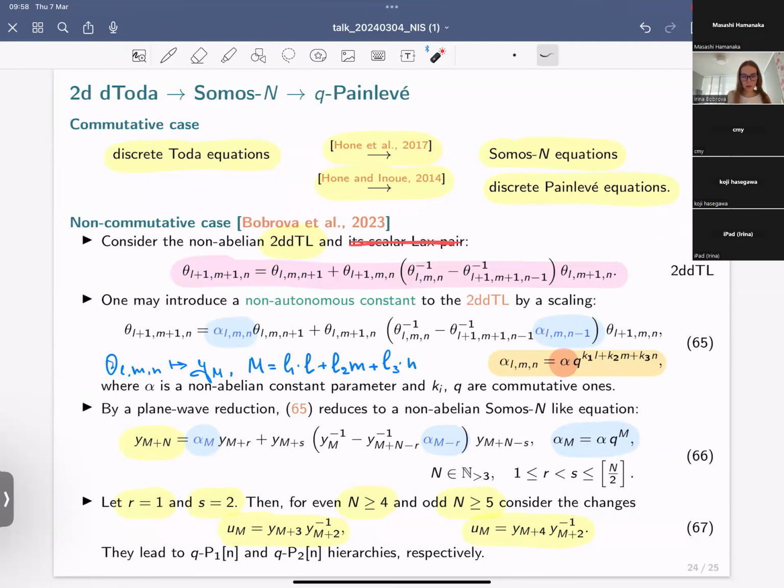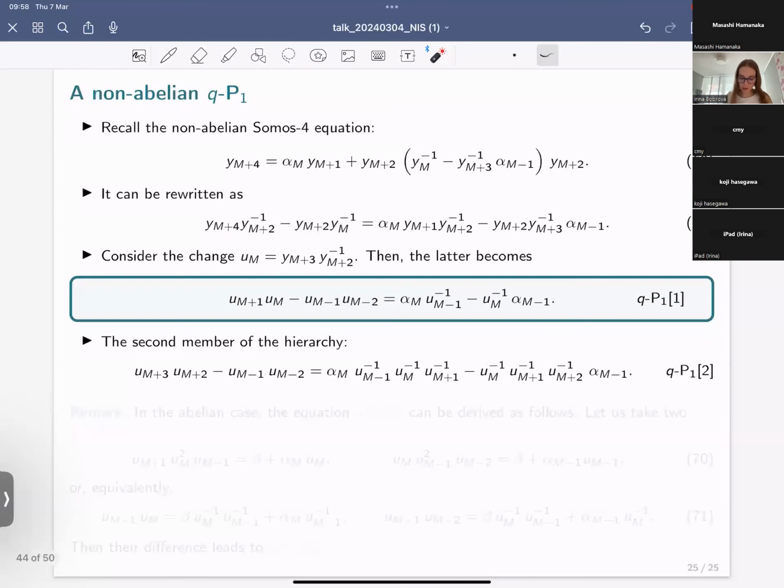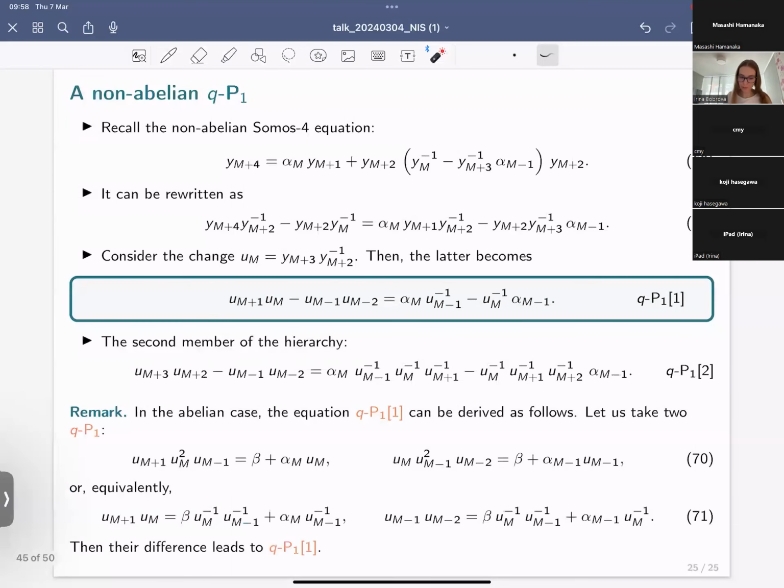The first one leads to a non-abelian version of the QP1 hierarchy, and the second change leads to a non-abelian version of the QP2n hierarchy. But let us look at the Painlevé one, and after that I will stop.